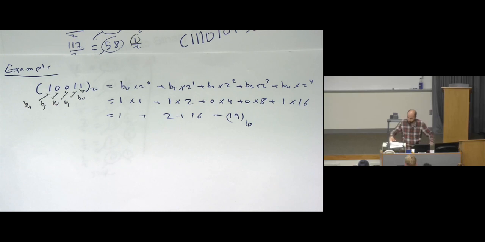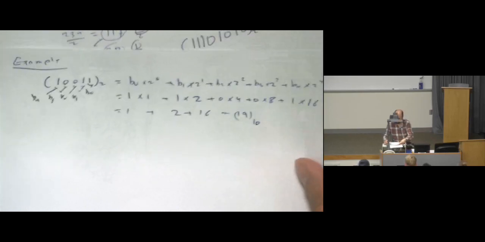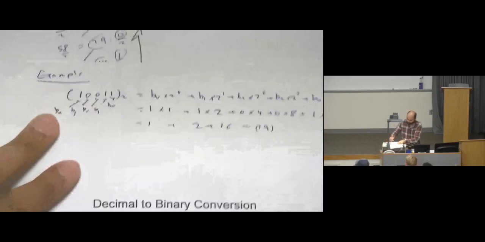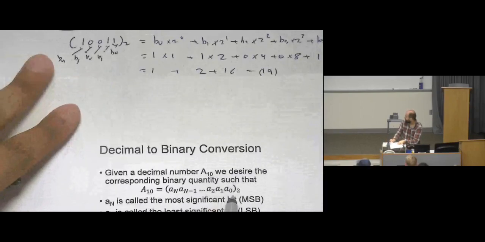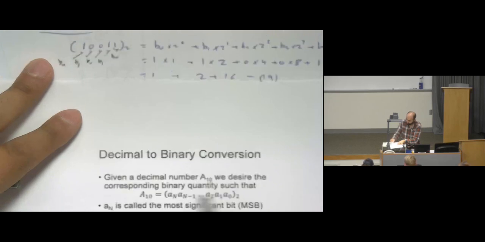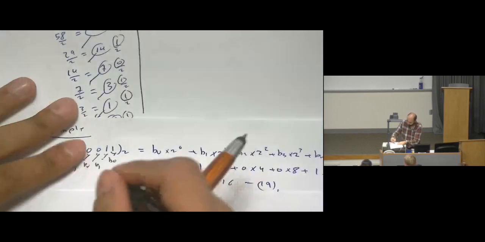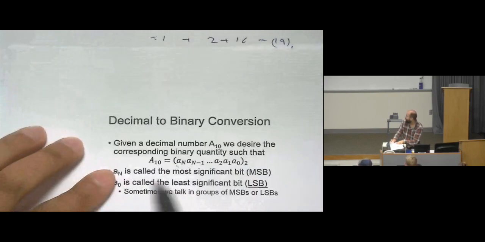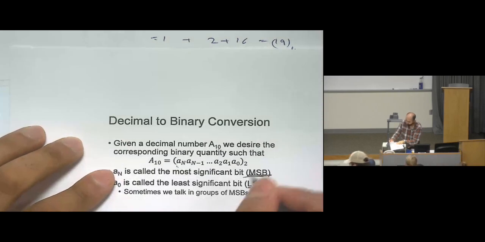Now let's go back to the notes. When we label the bits as B0, no matter if you call it B0 or A0, make sure that this B0 or A0 is called the least significant bit, LSB, and the AN is called the most significant bit, MSB.